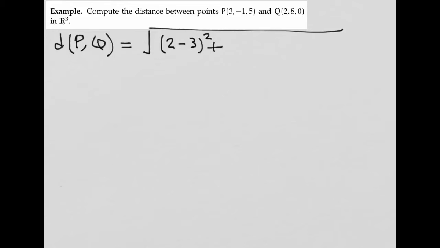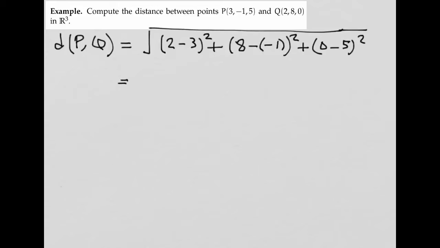Plus the y-coordinate of Q minus the y-coordinate of P. That's 8 minus 1 squared. Plus the z-coordinate of Q minus the z-coordinate of P. That's 0 minus 5 squared.